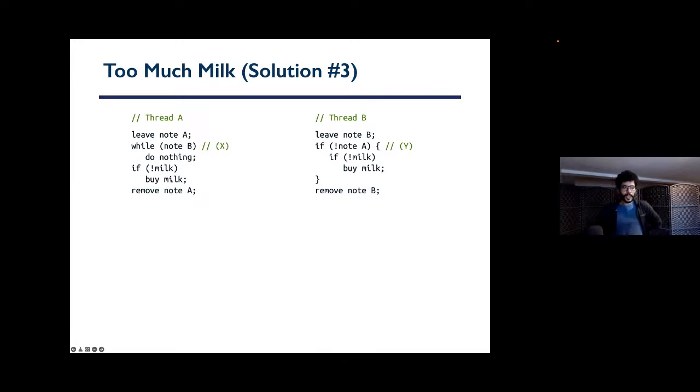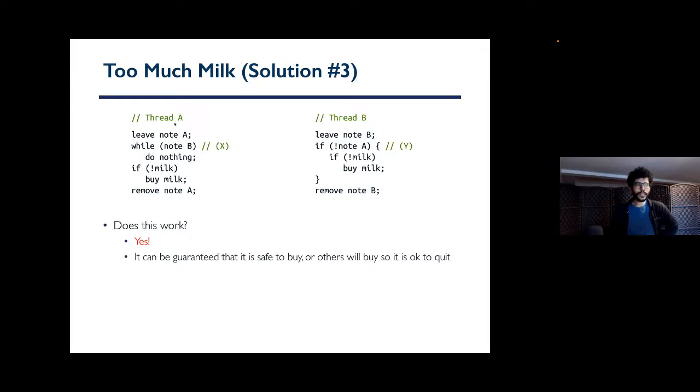So here at X, thread A is going to make sure that thread B is done before it continues. So if thread B has started, then A is going to wait for thread B to finish and then check and see what it has to do.